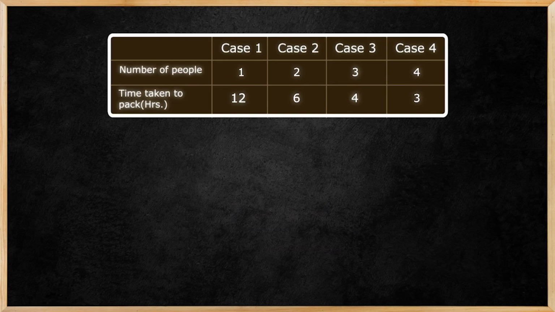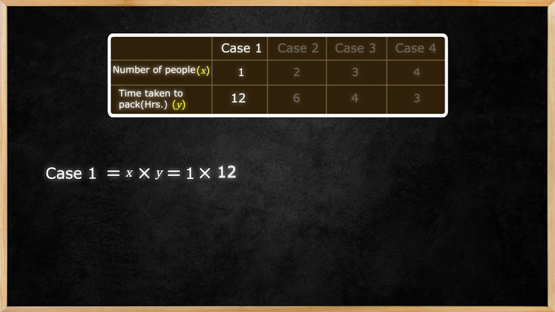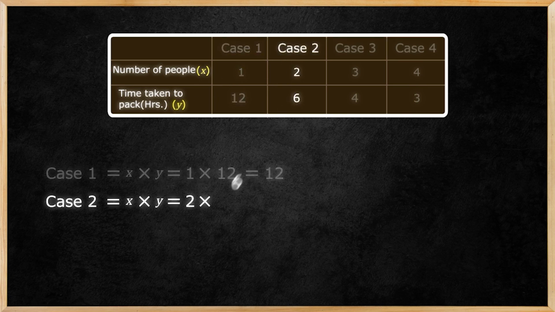By considering the values of the number of people as x and the time taken to pack as y, if you take the product of the value of x and the corresponding value of y, in the first case, we have 1 multiplied by 12, which is equal to 12. Similarly, the product of x and y in the second case is 2 multiplied by 6, which is also equal to 12.